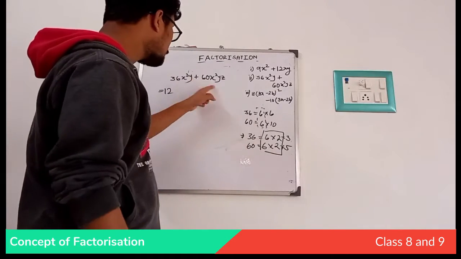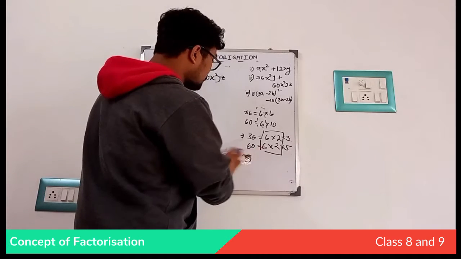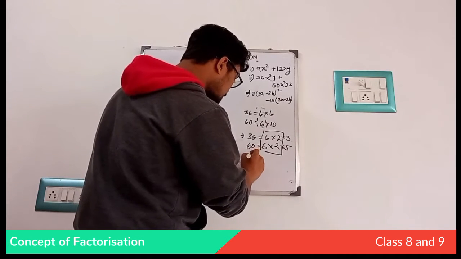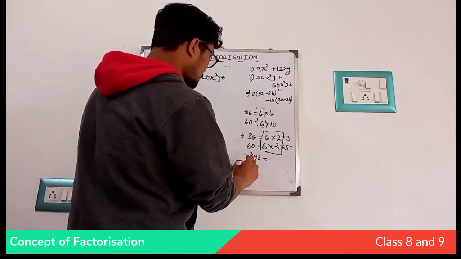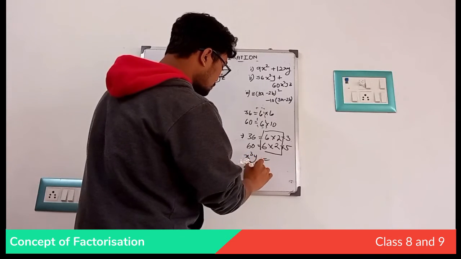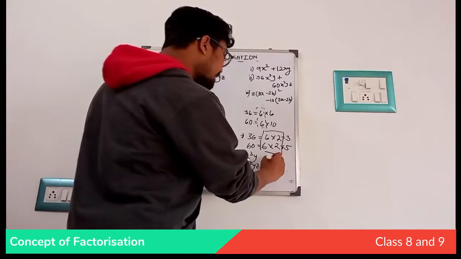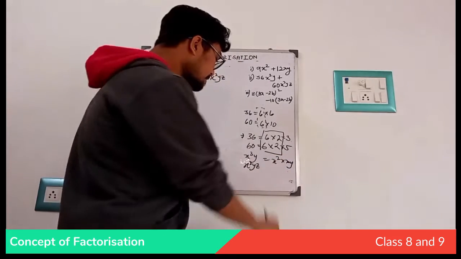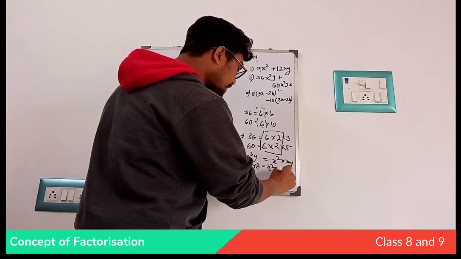Now what about x cube and x square yz? In case of x square, x cube into y, and here x square into yz, we get the common part x square. We can write x cube as x square into x, and we can also write x square into y into z.